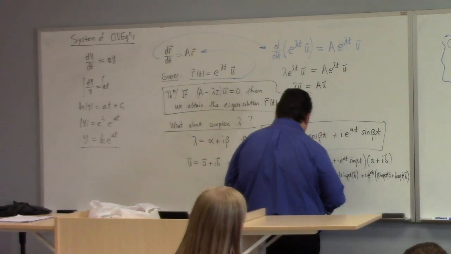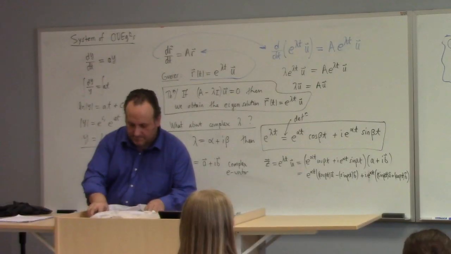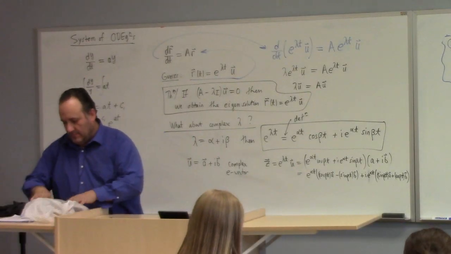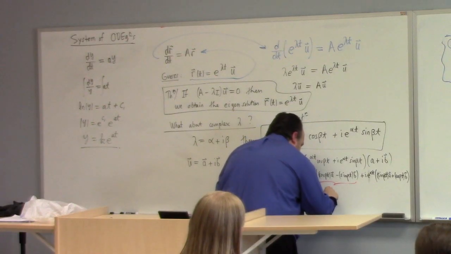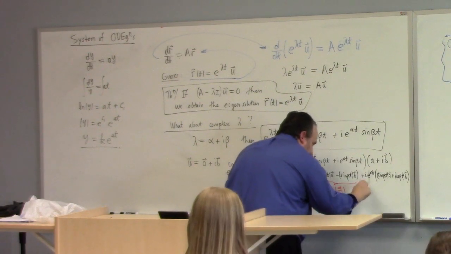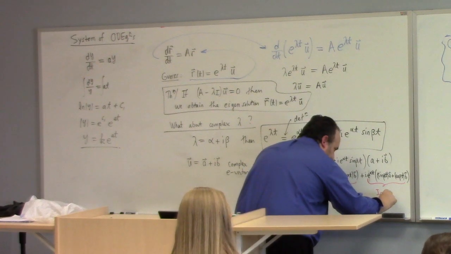All I'm doing, guys, is writing out explicit formulas for our reference. This right here is the real part of the complex eigensolution, not including the i. This is the imaginary part of the complex eigensolution.